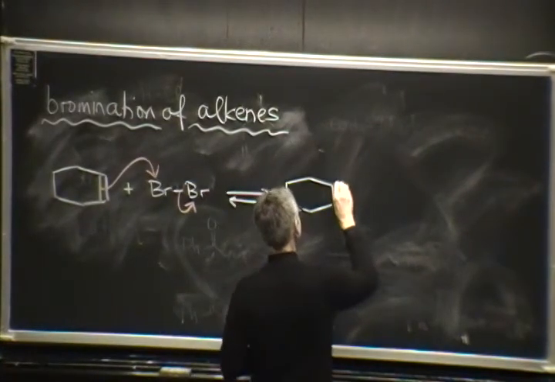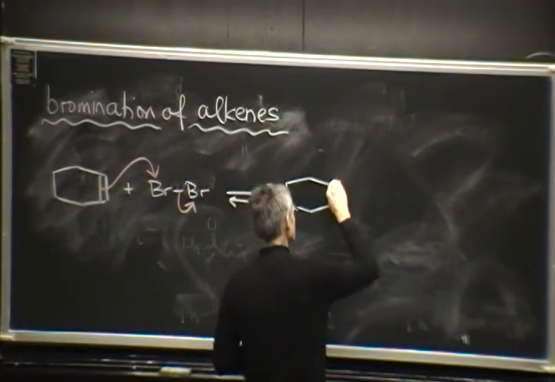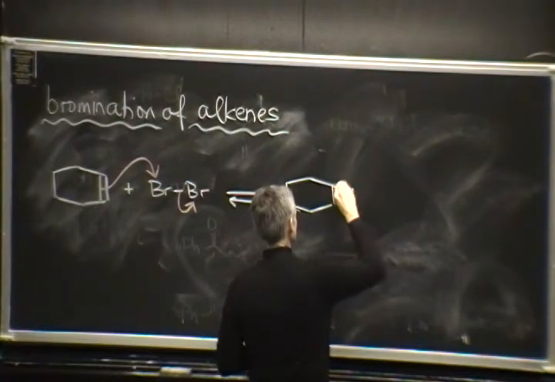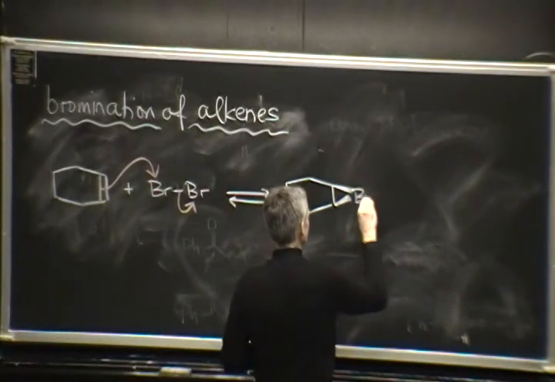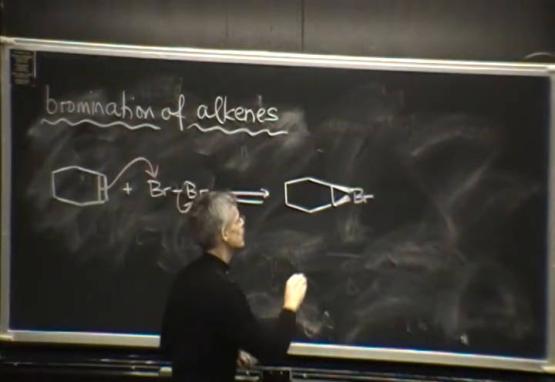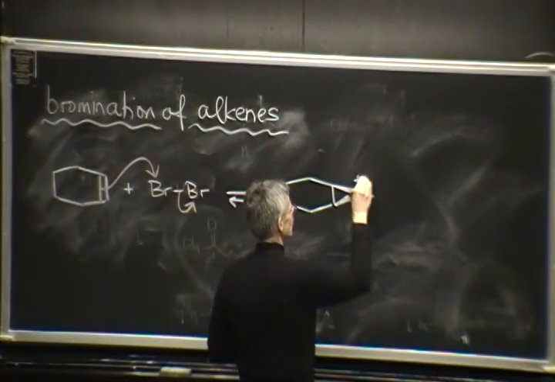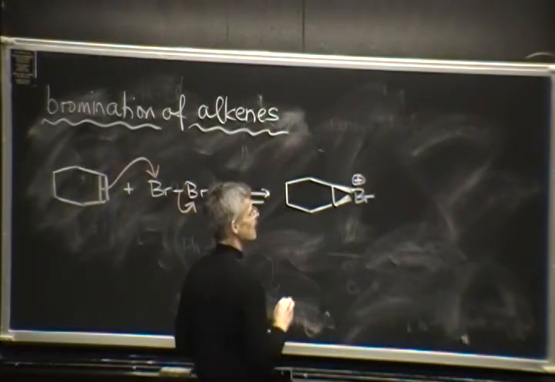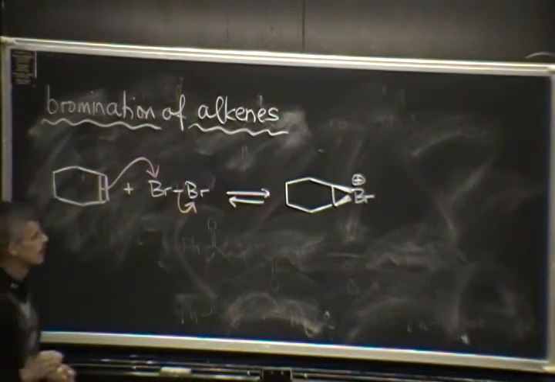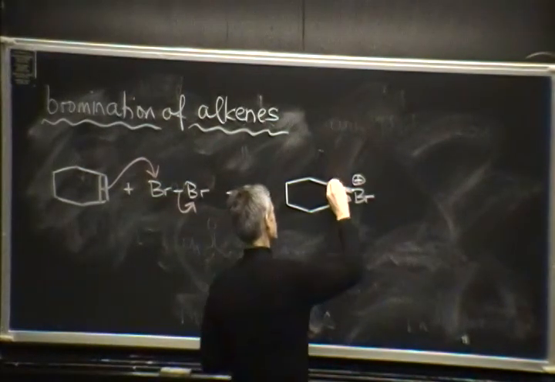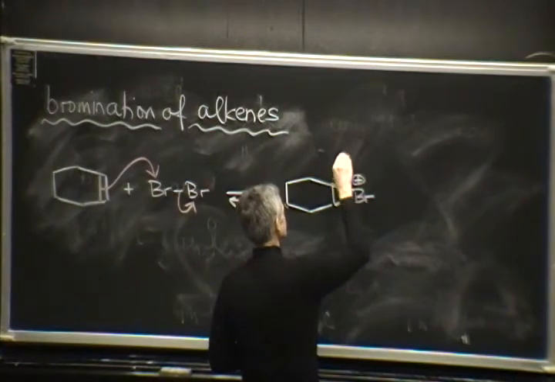And so what I formed is a species now that's a little bit different from the proton addition, so that's a major distinction. I formed this interesting 3-membered charged species, and I put the positive charge in this particular resonance structure onto the bromine. Also, this is an addition across the pi system.